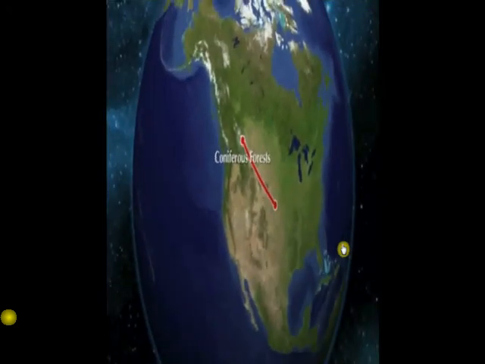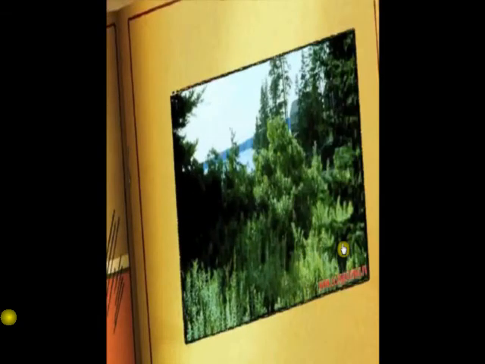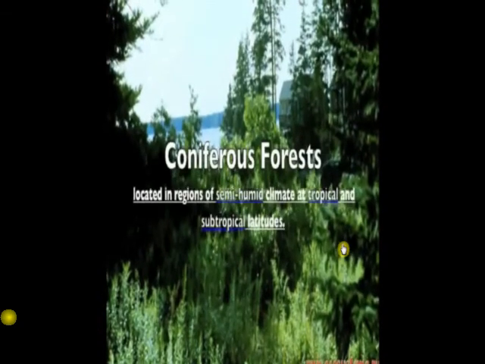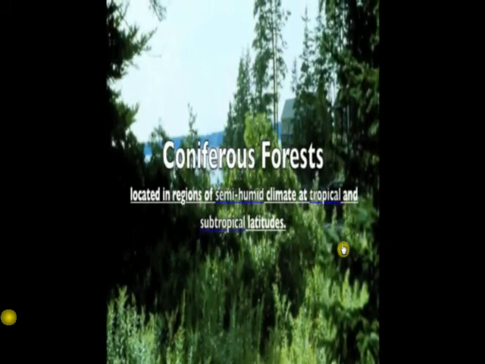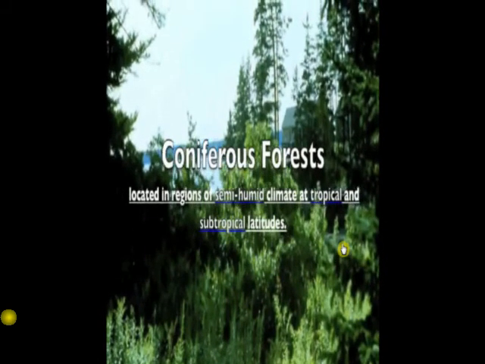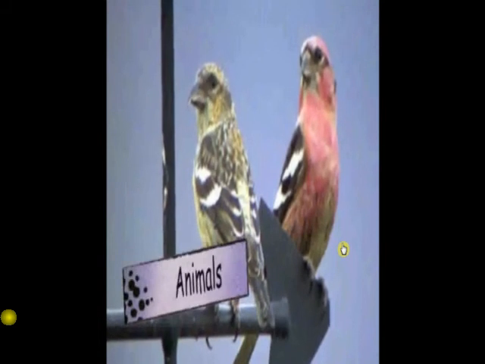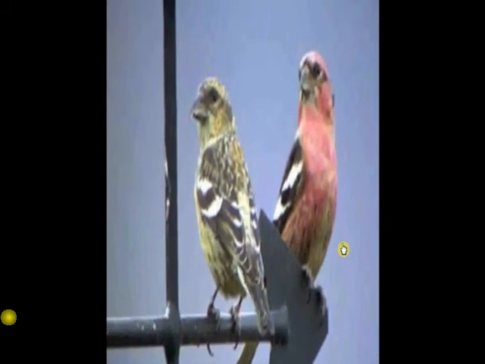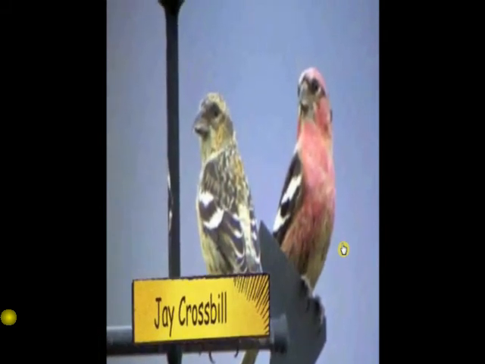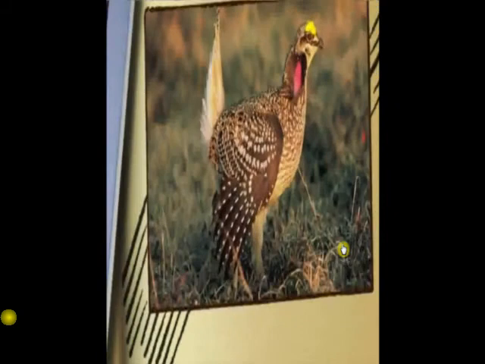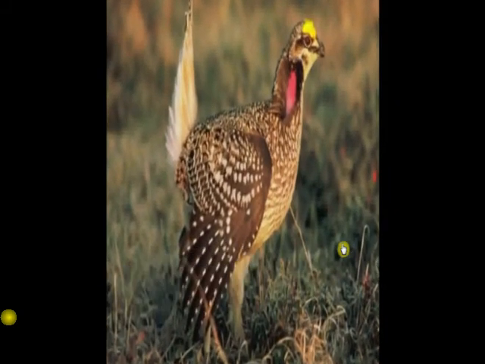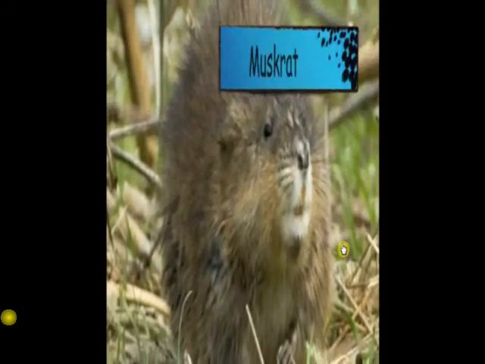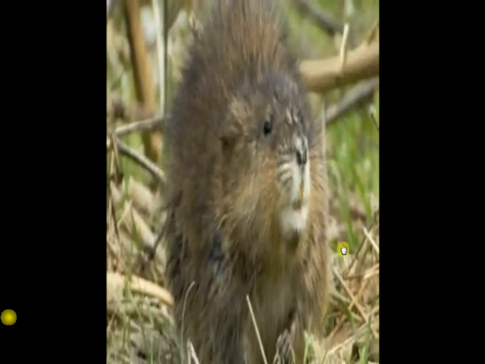We move from the grasslands to the coniferous forest, also known as the taiga. The animals include the jay crossbill, the grouse, and the muskrat.